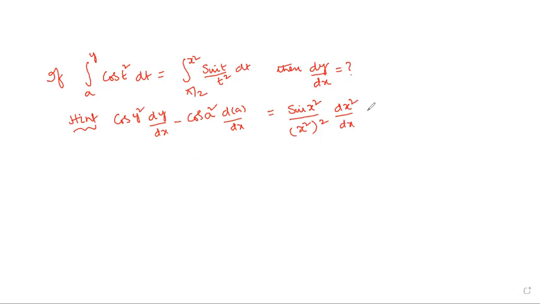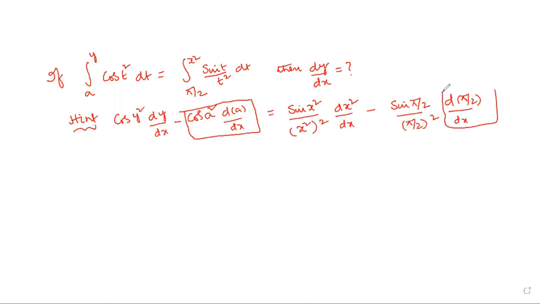Right, write down the lower limit: sine of pi by 2 square, into the derivative of pi by 2 with respect to x. Here the constant derivative is 0. Here also the constant derivative is 0, totally 0.